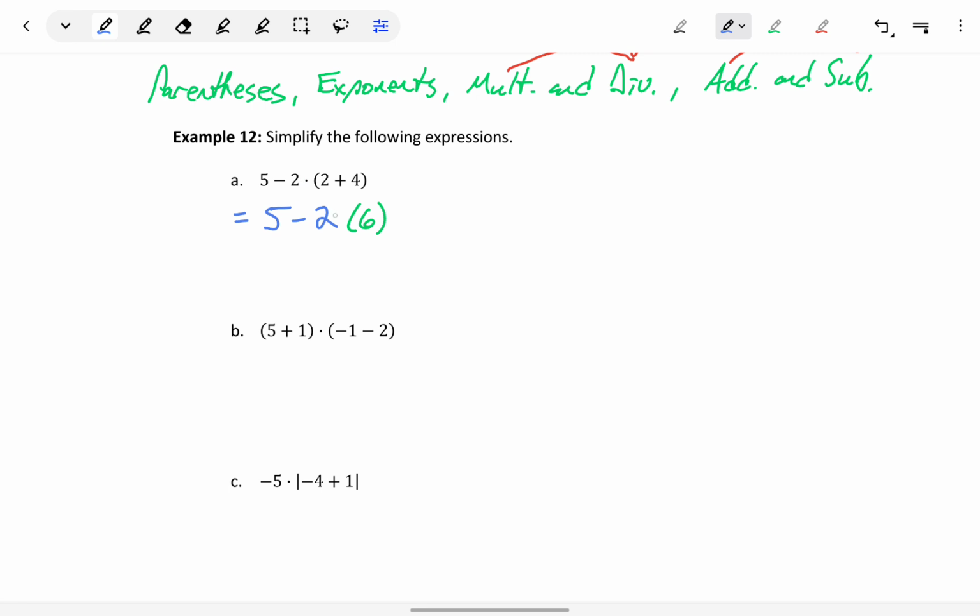The way that I wrote this line, I didn't include that, but that multiplication is assumed anytime we have a number next to a set of parentheses.